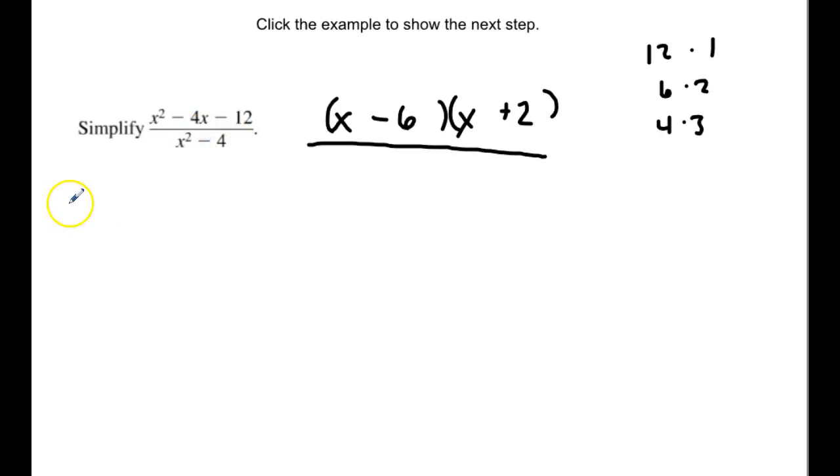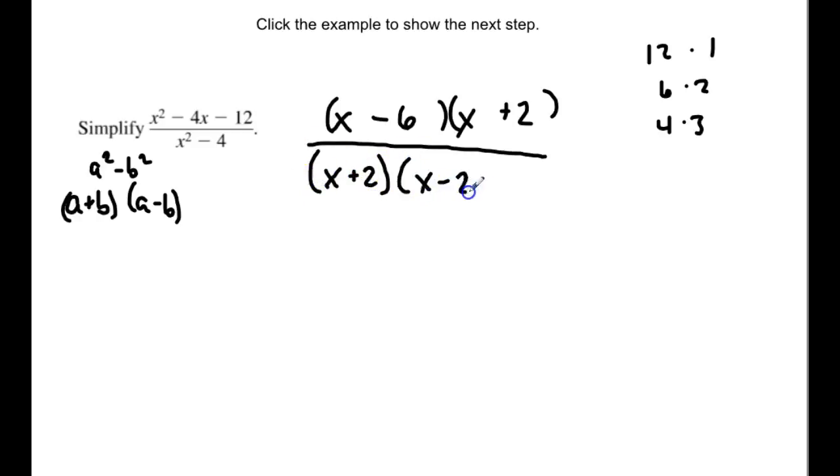If I have a squared minus b squared, it ends up being a plus b times a minus b. Some of you may or may not remember this. We will use it very often, so make sure you have this written down. My a is going to be x, and the square root of 4 is 2, so I end up with x plus 2 times x minus 2.